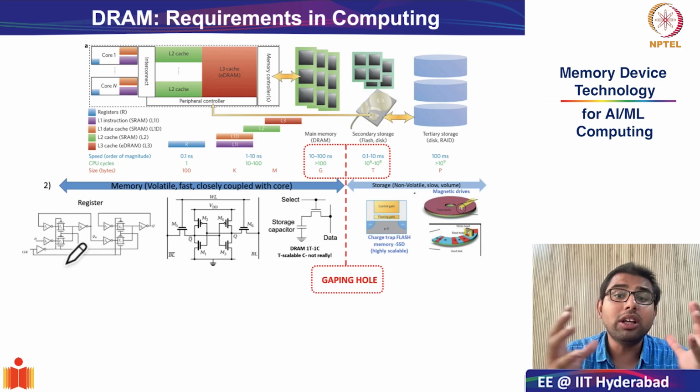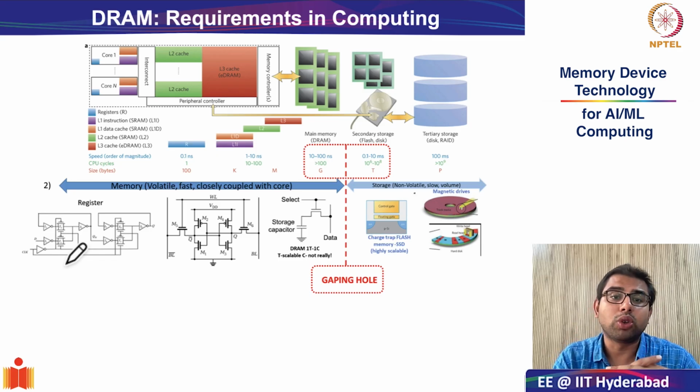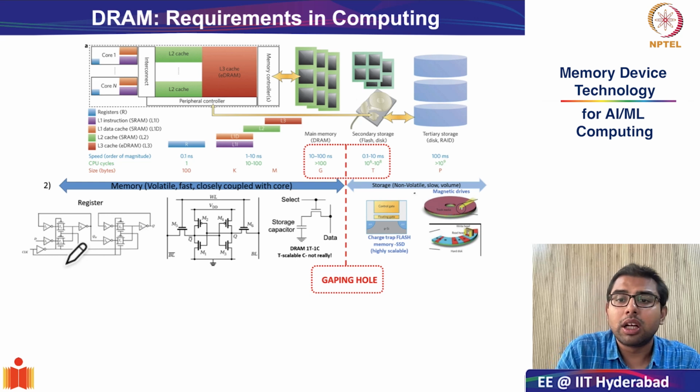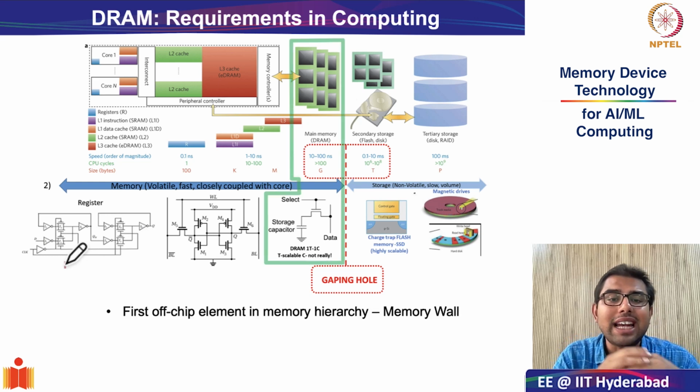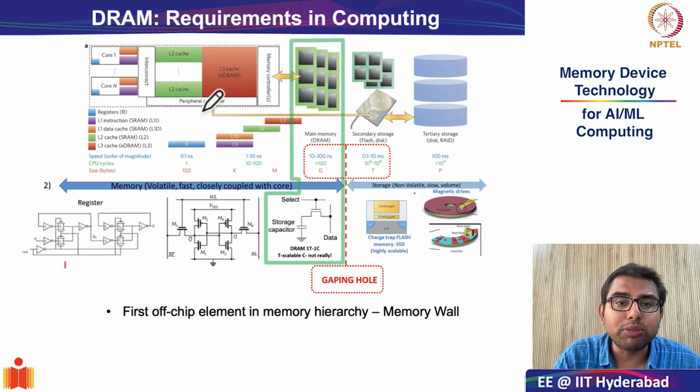Okay. Another important aspect. So again, this is a recall of what we had seen. This is a different way to represent the memory hierarchy. Just recall, the dynamic random access memory comes as the first off-chip element. Remember the CPU subsystem.